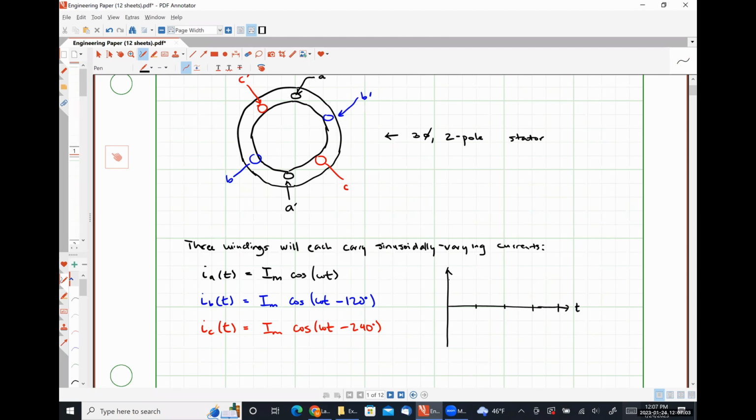So let's call this value IM, this value negative IM. We're going to start at T sub 0 and then look at things at T1, T2, T3, and T4. Because our initial phase angle is 0 degrees, IA is black. My A phase current should look something like this.